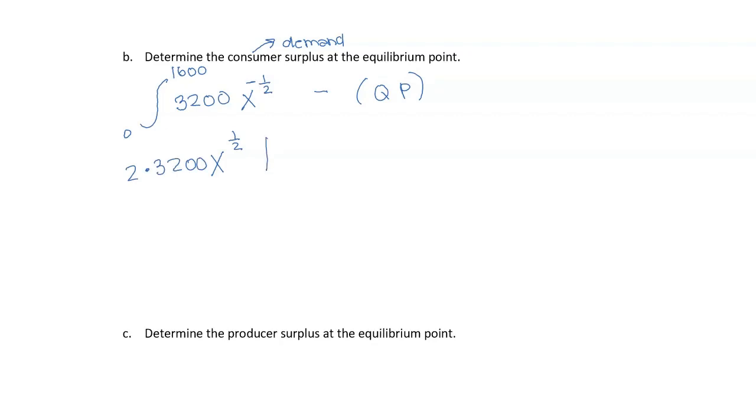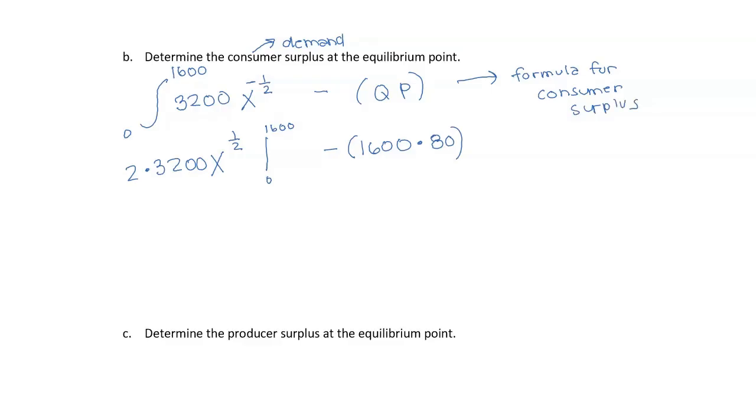I'm going to evaluate this from 0 to 1,600 minus 1,600 times 80. This top equation is the formula for consumer surplus. So that's all I'm doing. I'm just following that formula.